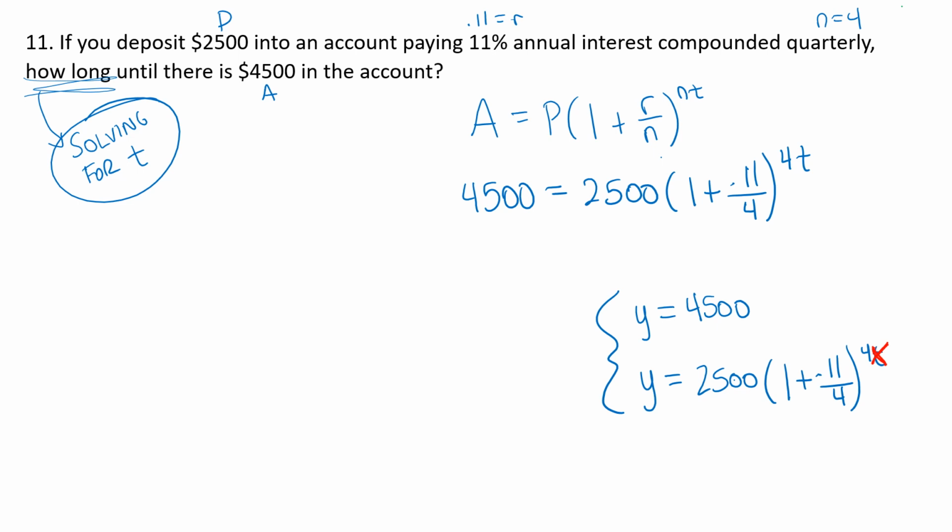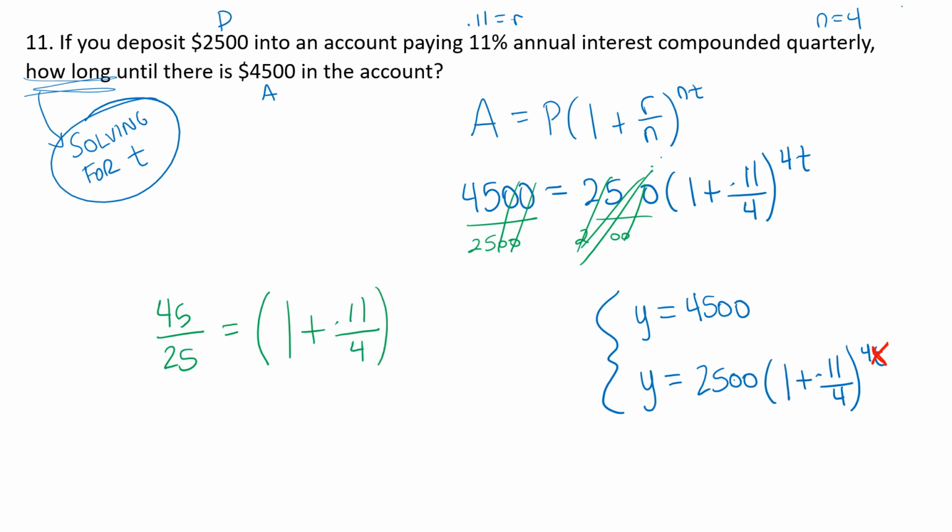You also can, remember, just like the last one, simplify your equation a little bit. I could divide by 2,500 on both sides. This cancels, these zeros cancel out. So now essentially I'm doing 45 over 25, which I know you could reduce, but I'm not going to, equals 1 plus 0.11 over 4 to the 4t.